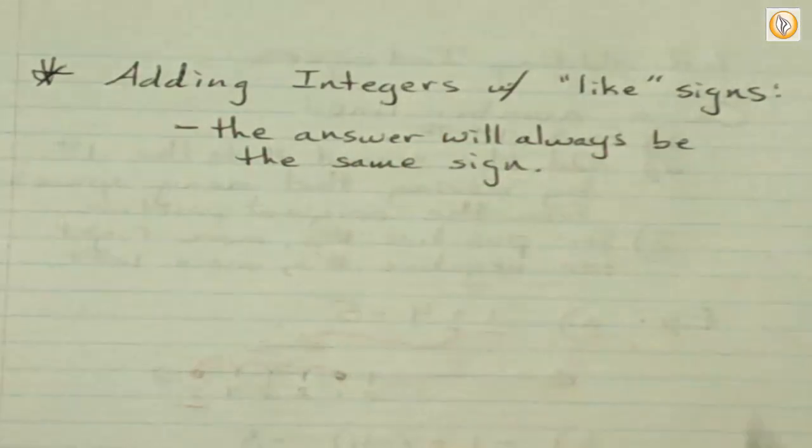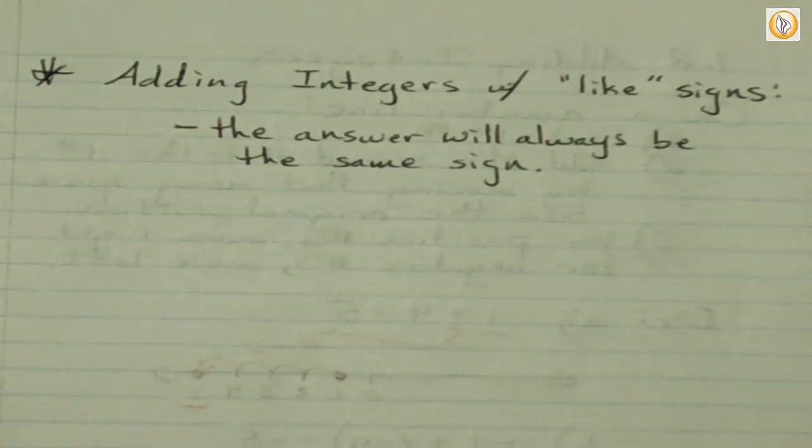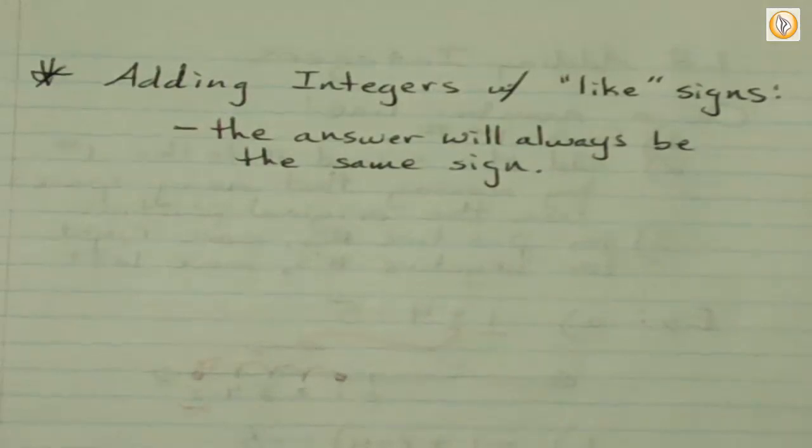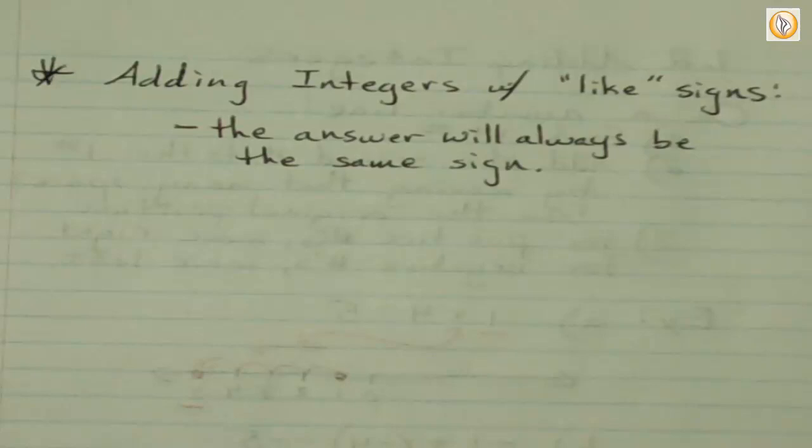So I'm repeating what we just wrote. You need to still write it. So when you're adding integers with like signs, that means if they're both positive or both negative, the answer will always be that same sign.